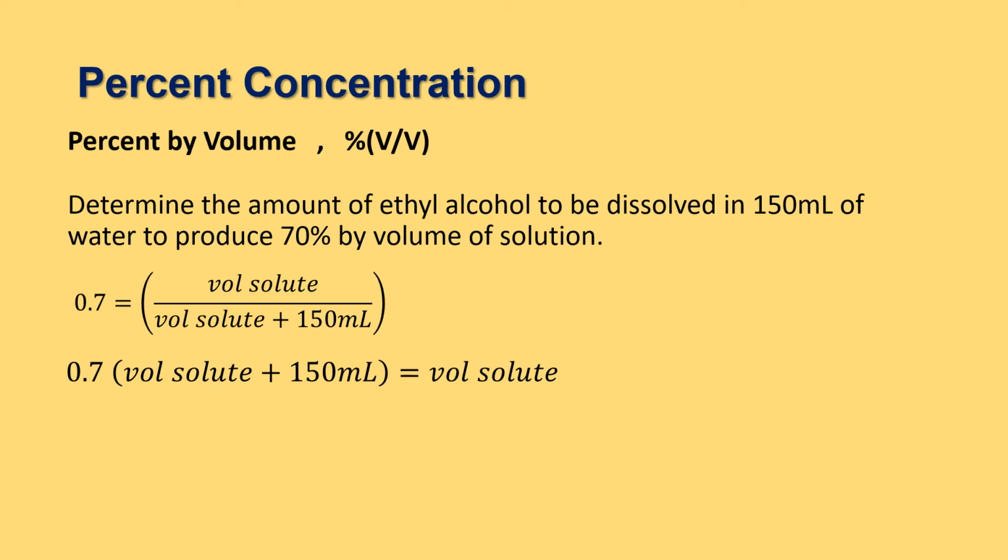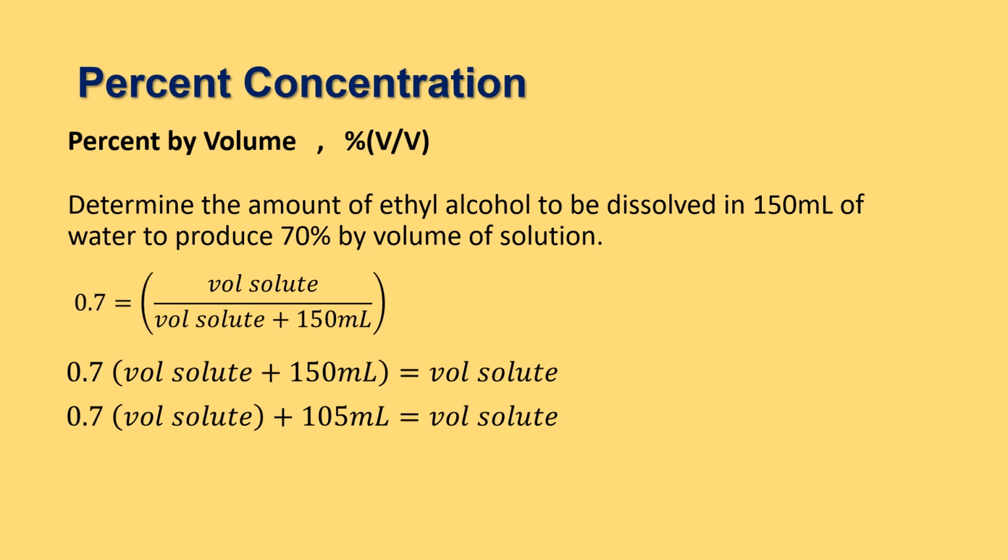Distribute the value 0.7 to volume of solute and 350 ml, or should we say multiply 0.7 to the entire quantity volume of solute plus 350 ml. So we will now have 0.7 of volume of solute plus 245 ml, which is the product of 0.7 times 350, equals volume of solute.